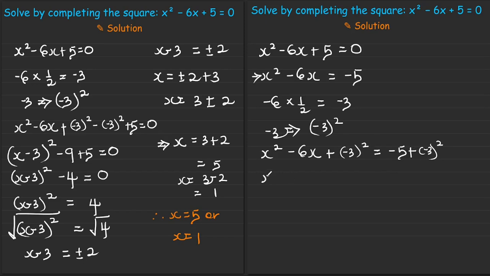With that, we have our x squared. Then, since we are factorizing this one, we then have our x minus 3 all squared, which is equal to, over here we have our negative 5, and then negative 3 squared gives us a 9.